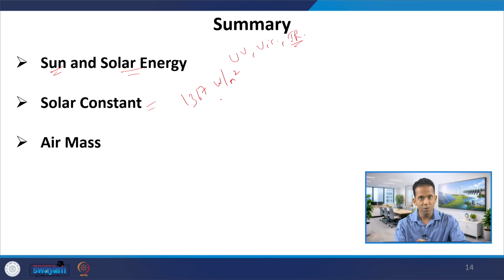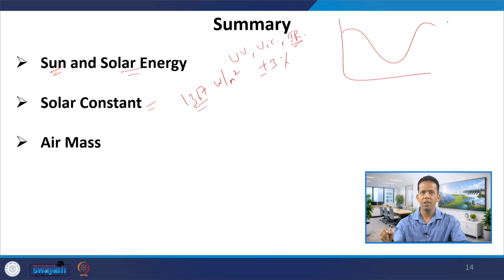We looked at the derivation, how to get this value using Stefan-Boltzmann's law, and the swept area in the form of a sphere with respect to the Earth-Sun mean distance. But in the assumption we had made a circular orbit. If we take into account the elliptical orbit, it varies by plus minus 3%. That's what we saw, the variation of solar constant over a year, and it's a cyclic variation.